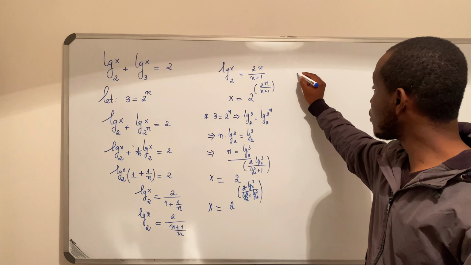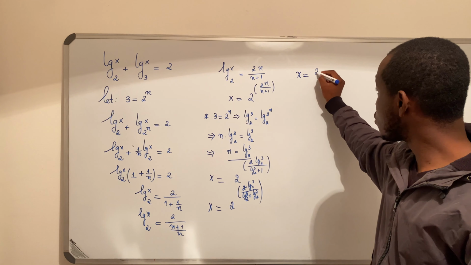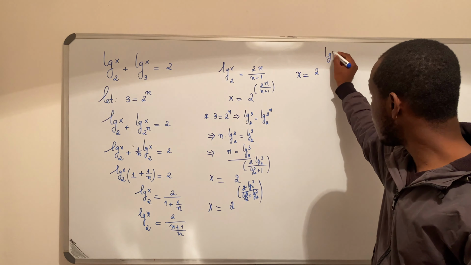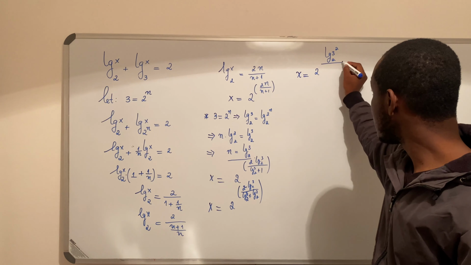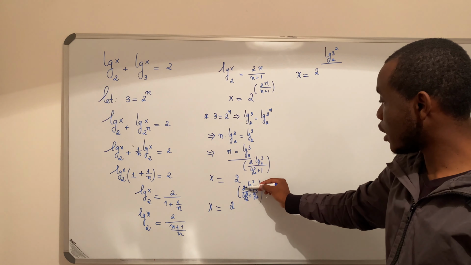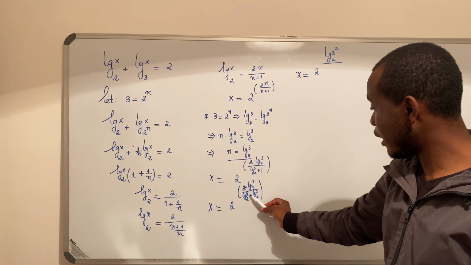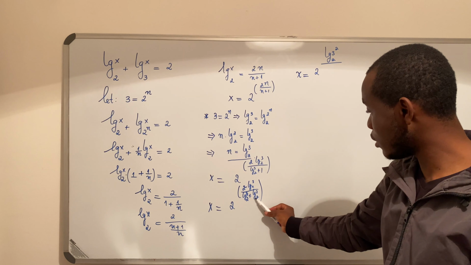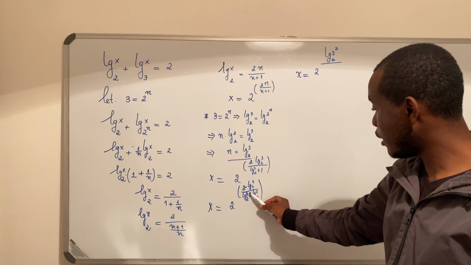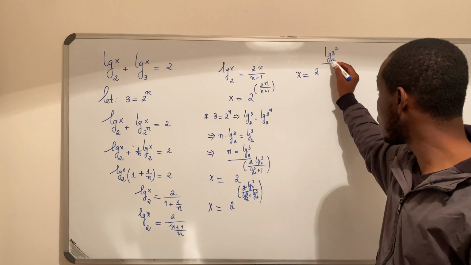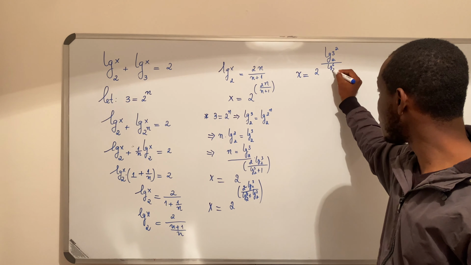So that means x is equal to 2 to the power of log of 3 squared to the base 2. This 2 comes from the 2 that is multiplying. And here they are adding, and the bases are the same, 2. So I can multiply 3 times 2, which is 6. So I will have log of 6 to the base 2.